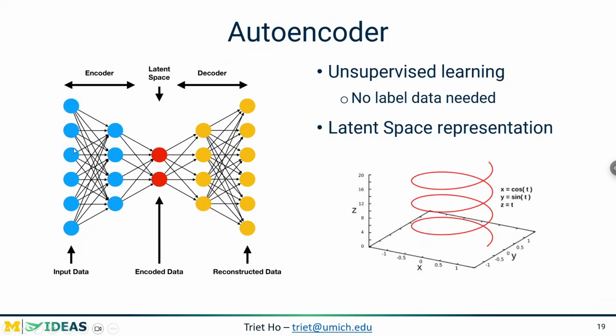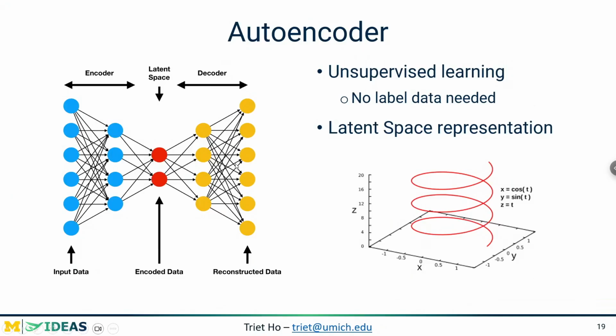In this case, the input is equal to the output. So the reconstructed data is the same, or we try to make it the same as the input data. And the data in between is called the bottleneck or latent space, which is also the most important thing in an autoencoder.